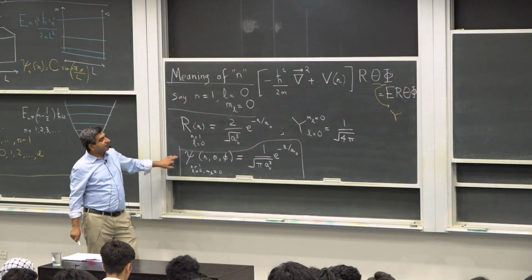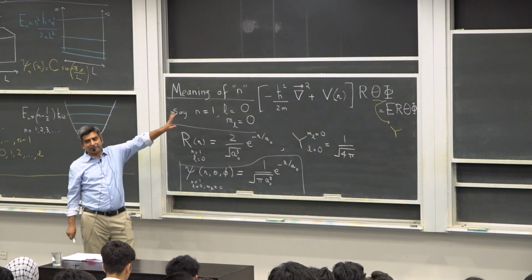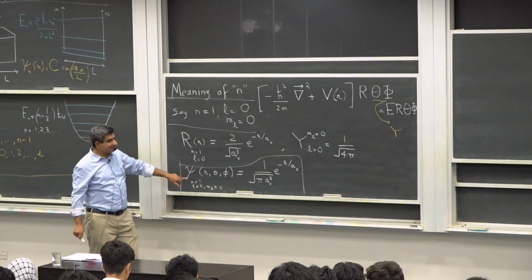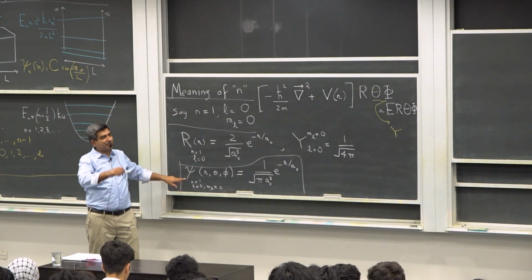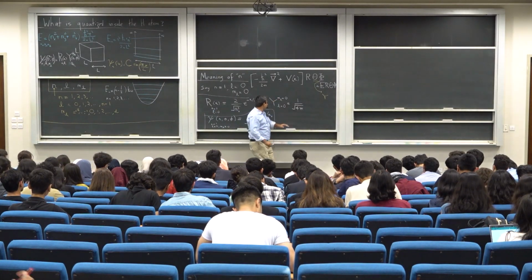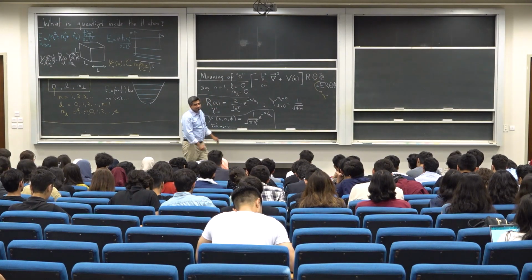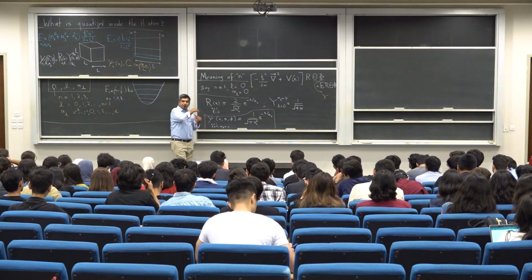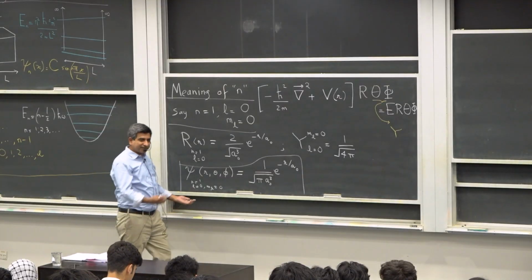Now if I put this function into the Schrodinger equation, everything should work. Since this is a solution to the Schrodinger equation, if I replace psi of r, theta, phi with this value, the left hand side would remain equal to the right hand side. So let's do that now.